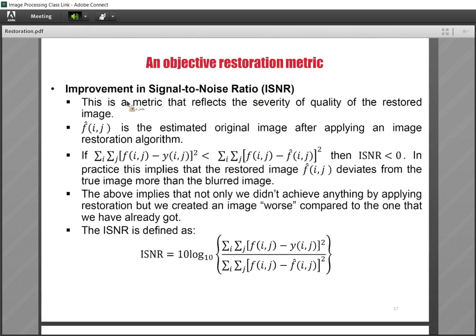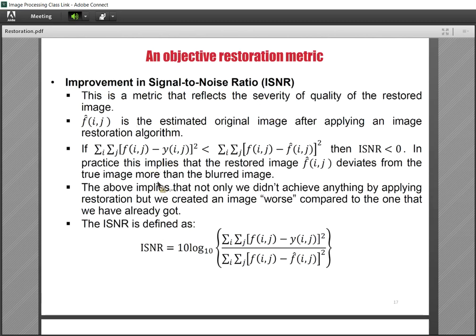And another item, ISNR, for example the performance of this system: improvement in signal to noise ratio. Is this reverse system, the R system, better or not, is it bad?